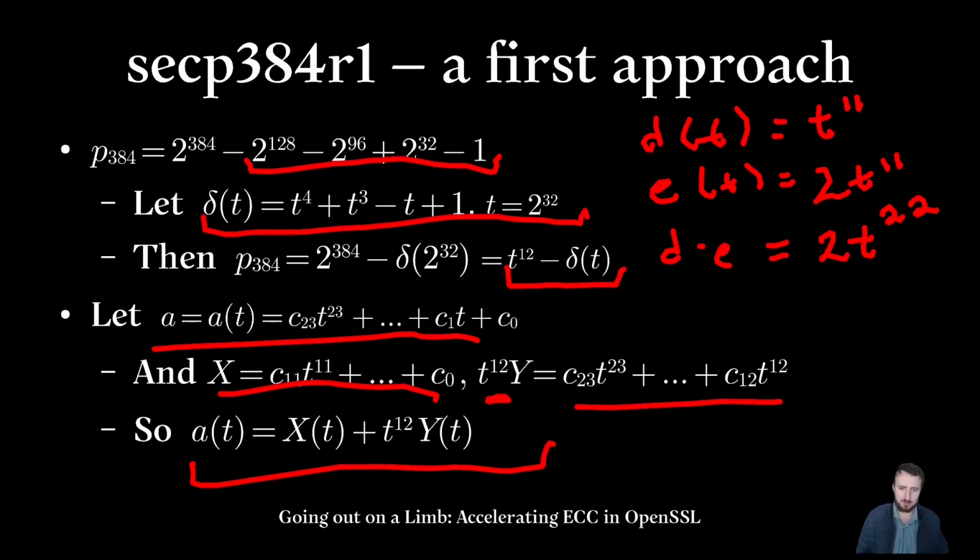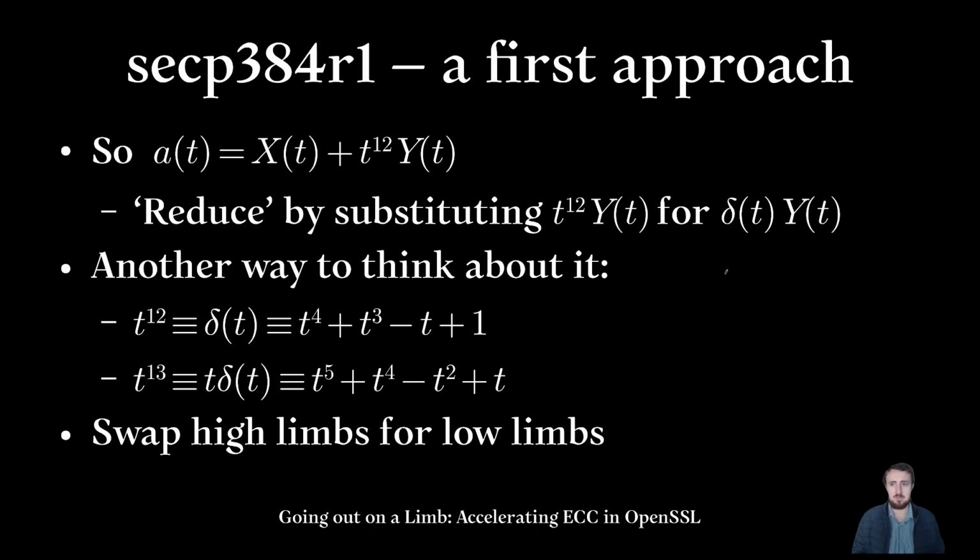And then what do we do? So we substitute t to the 12 for delta. Another way we can think of it is because t to the 12 is congruent to delta, it means it's congruent to this very low order polynomial here. And so what we're doing is we're taking the c12 coefficient, that is limb 12, which is the thing which has place value t to the 12.